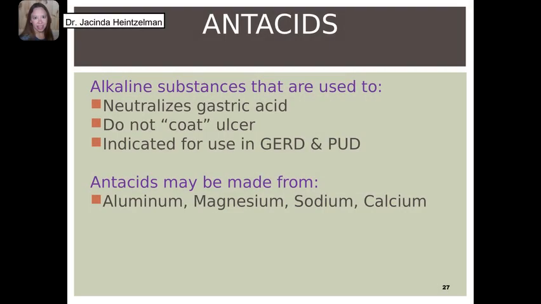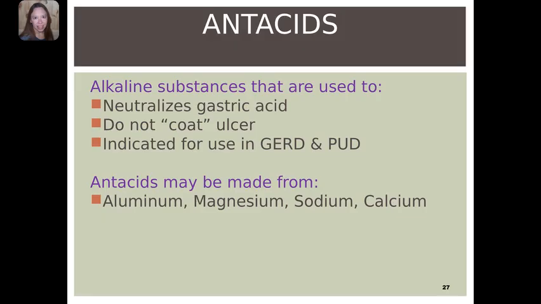Some other over-the-counter products that can help with heartburn would be the antacids. These are alkaline substances, and what they do is neutralize the gastric acid. With antacids, the patient will chew them up and swallow them, but really they're not coating that ulcer.